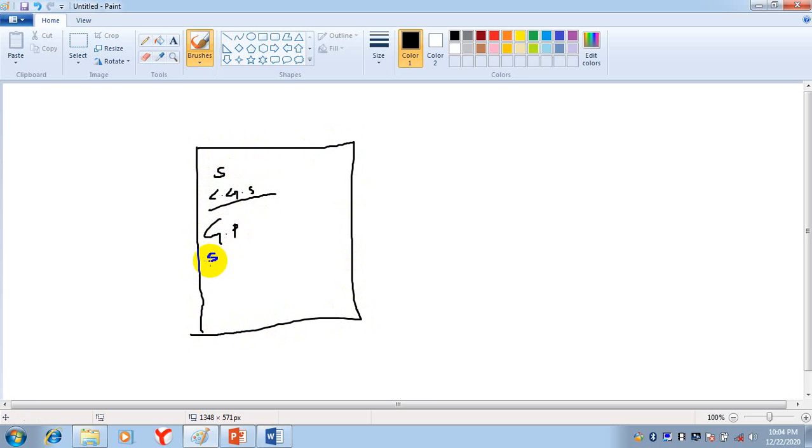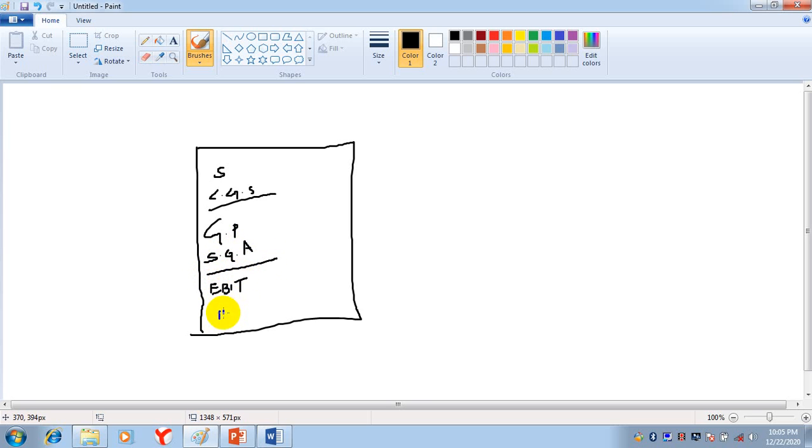Then selling, general, and admin expenses, then we get EBIT, which we also call operating profit.